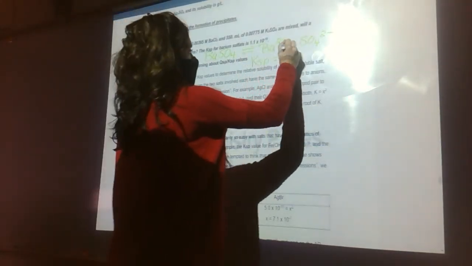The Ksp equation would be the concentration of barium ions times the concentration of sulfate ions, which equals 1.1 times 10 to the negative 10th.